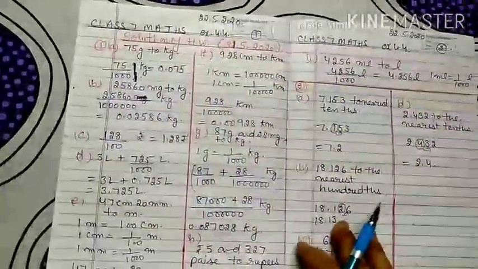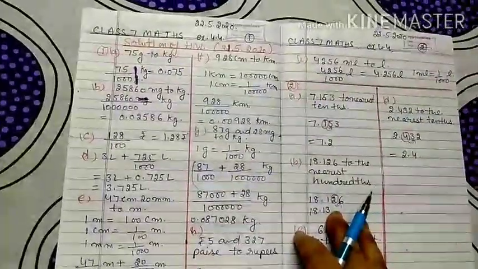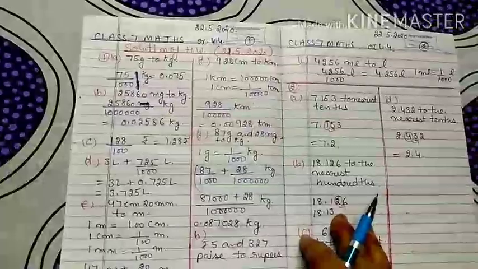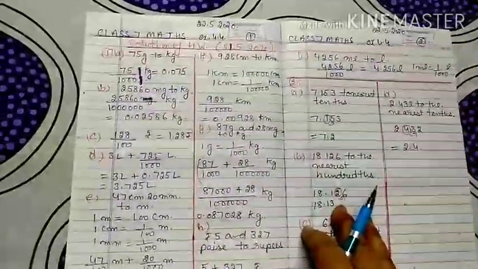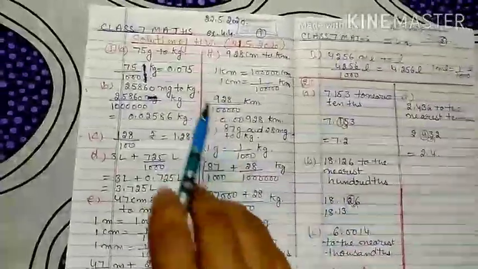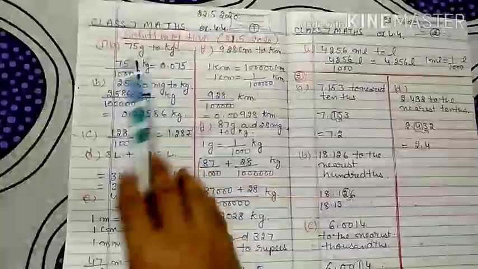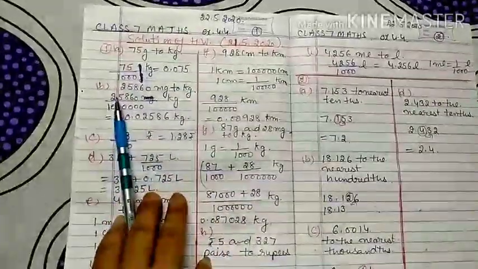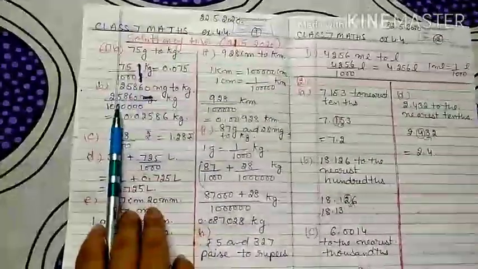In your exercise 4.4, question number 1 says, express the following as decimals. Some questions are given, and you have to convert them into decimals. Like your first question, A part, 75 gram to kg. You have to convert into decimal form, but first you have to convert gram into kg.